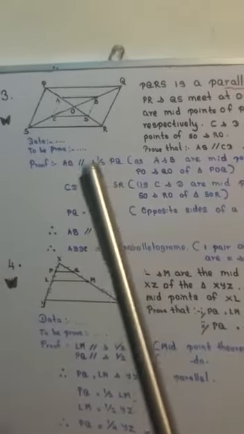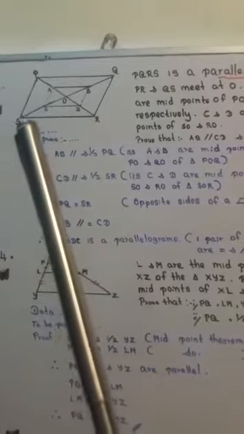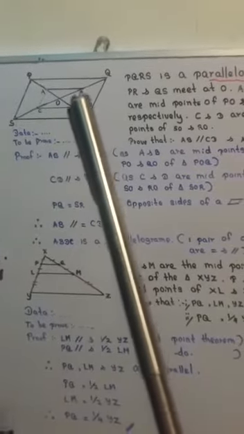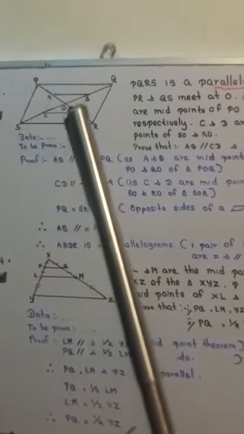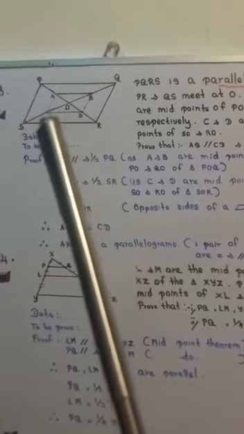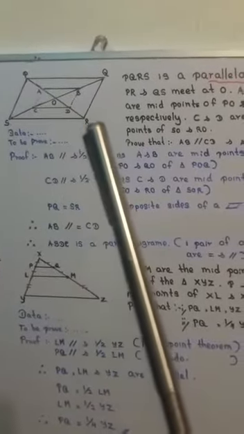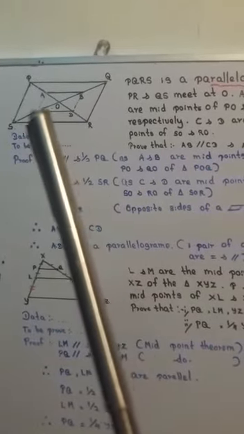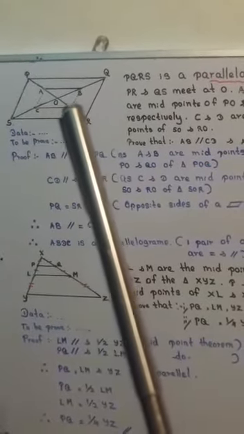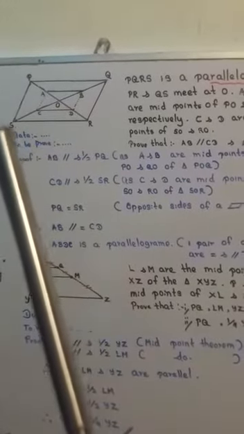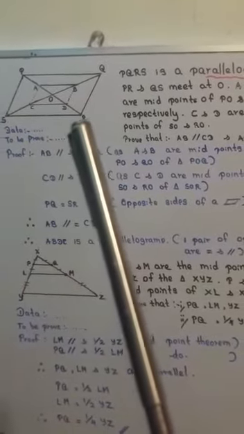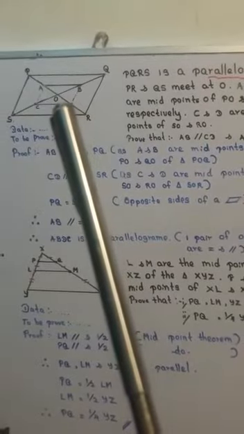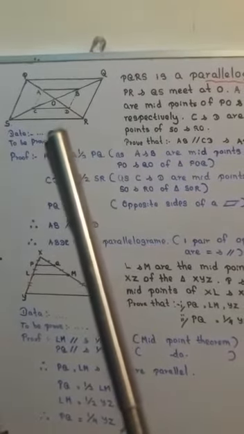CD is parallel to SR. Why? When we consider triangle OSR, these are midpoints of two sides. So the midpoints connecting line is parallel to the third side and half of the third side.